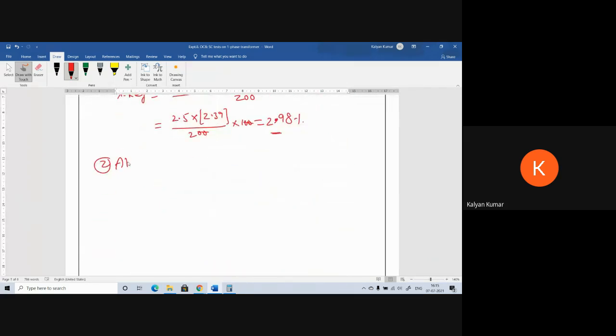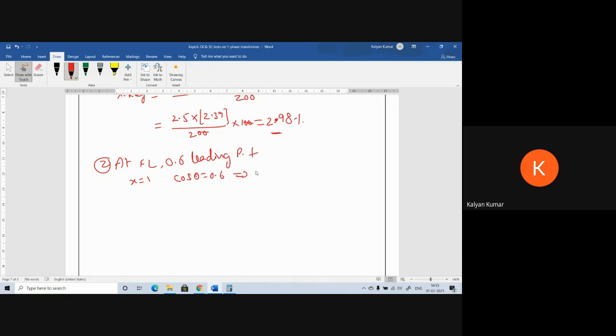So at full load, 0.6 leading power factor, full load means x equals 1 and 0.6 power factor means cos theta equals 0.6.